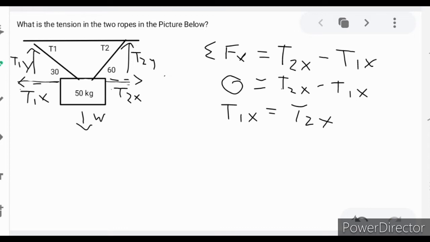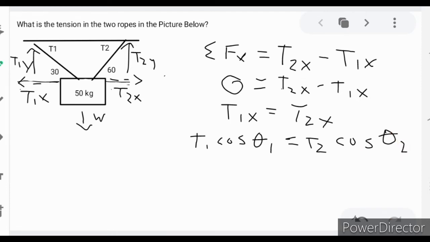And since we include angles here, we all know, based on previous discussions that we learned in the past, that T sub x is also equal to T cosine theta. Therefore, we have T1 cosine theta 1 is equal to T sub 2 cosine theta 2.